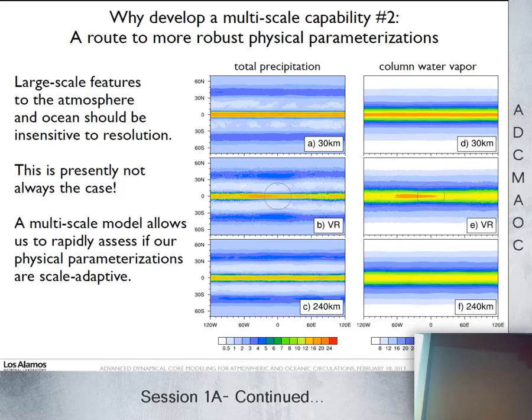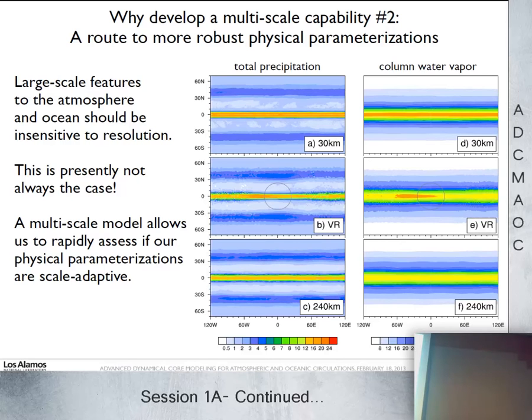The perfect cumulus parameterization will know to turn itself off as the model begins to resolve that physical process. Which means that if I have a model that has different spatial scales in it, and I expect a zonally symmetric response, then I can measure the quality of my physical parameterization by measuring the zonal asymmetry.